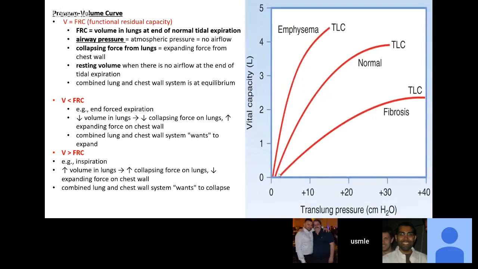Normally, the more you take air inside, the more volume goes up, with pressure that will increase up to a certain point, and then you're going to reach a kind of plateau. So you reach the total lung capacity. Remember, if you go beyond total lung capacity, what's going to happen?